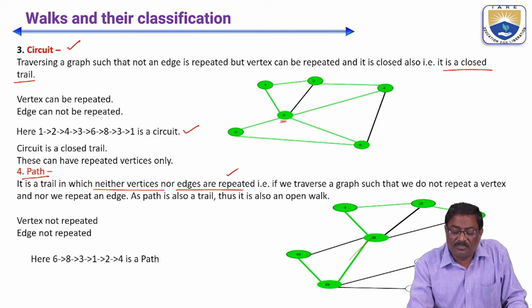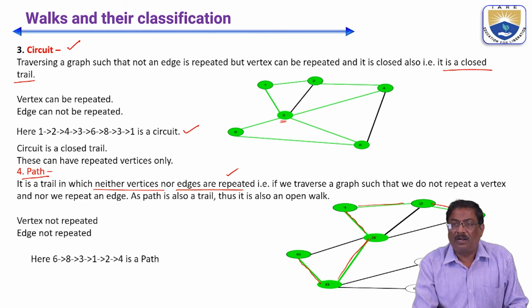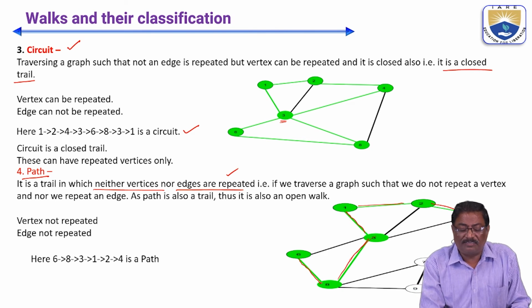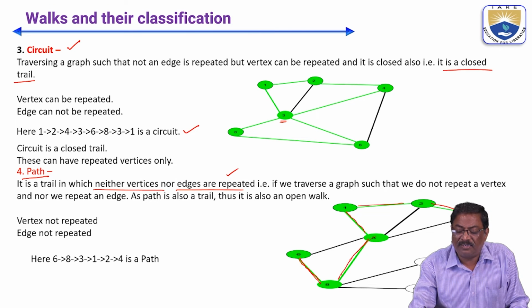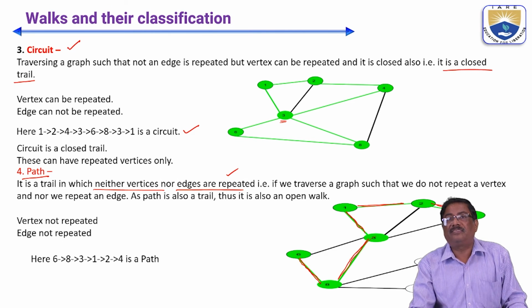Here you observe, no vertex is repeated, no edge is repeated. So we are calling it a path. 6, 8, 3, 1, 2, 4. So this is the path.